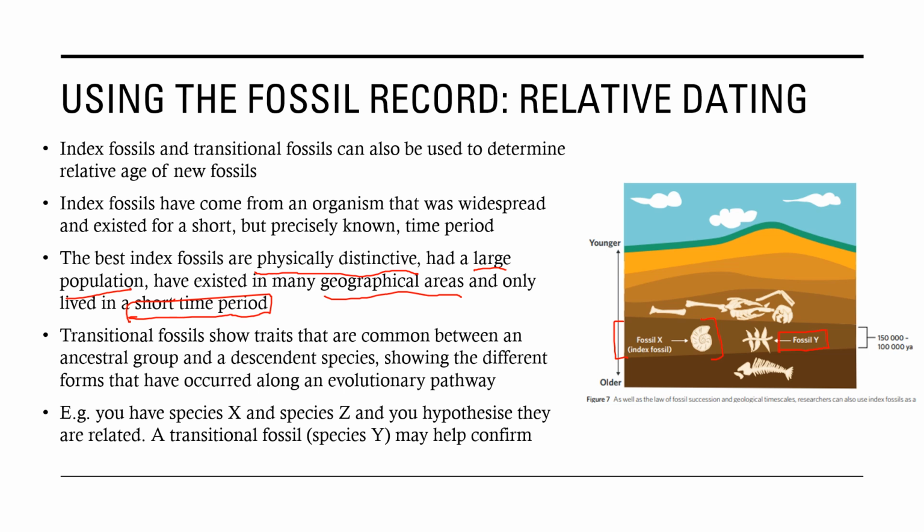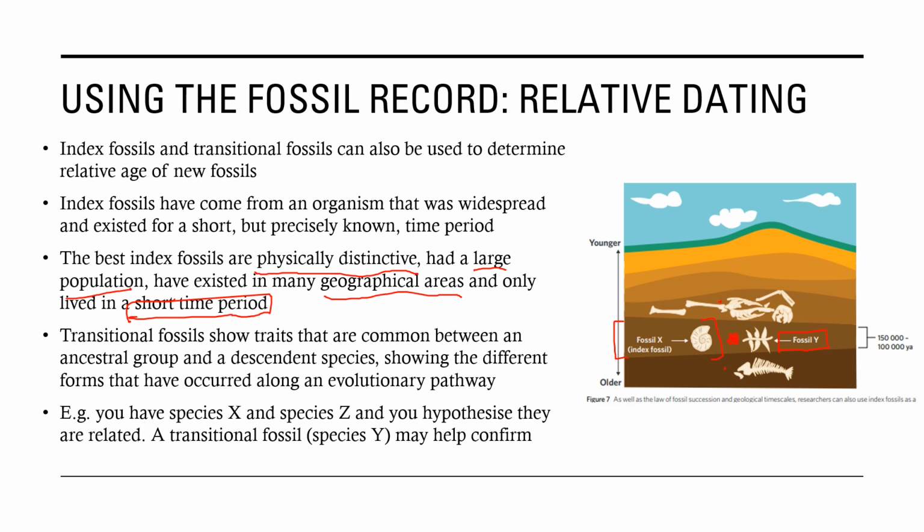We can also use transitional fossils. So these will show traits between common ancestral groups and descendant species and shows different times along the evolutionary pathway. So we can also use things like this to kind of become like an intermediate point between two other fossils.